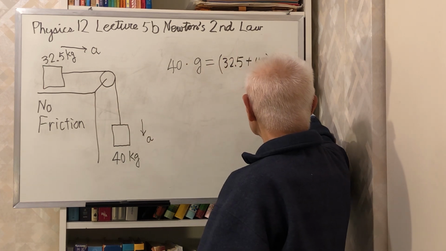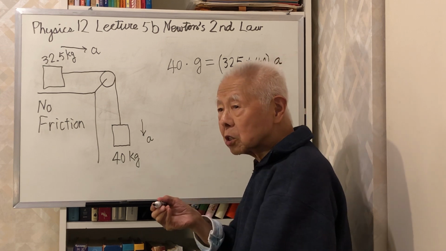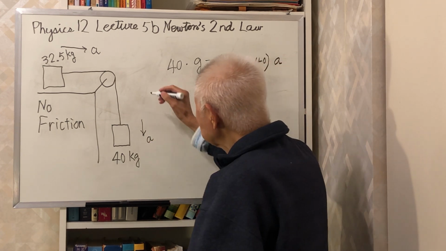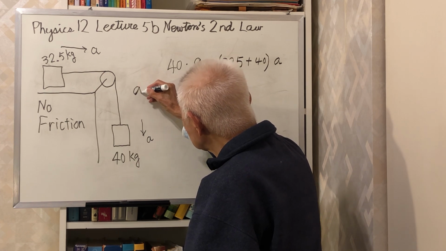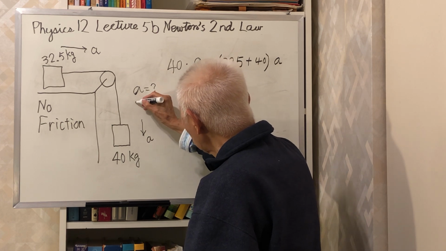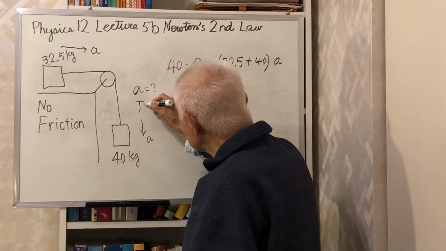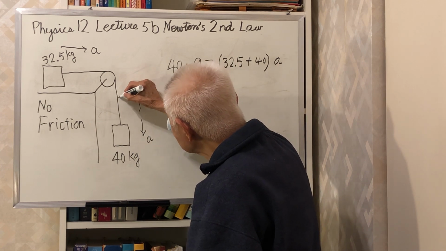times acceleration. Oh, I forgot to mention, what do we want to find? We want to find acceleration is what? And also I want to find the tension is what? Okay? The tension is here.